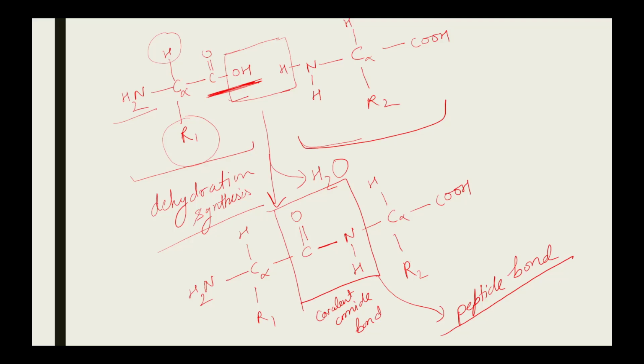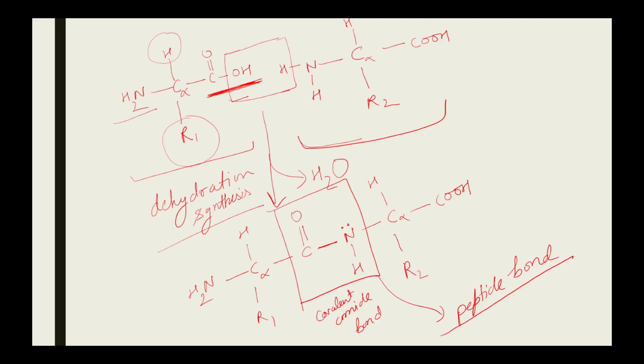This carbon and nitrogen are forming what looks like a single bond, but it is not actually a single bond, because of the presence of the lone pair on this nitrogen.